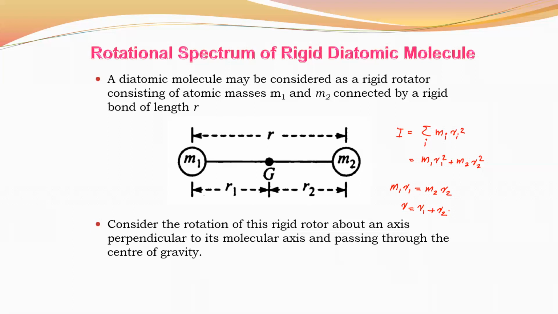First we take the moment of inertia, which we expressed as I is equal to m1 r1 square plus m2 r2 square, and using the principle of moments, m1 r1 is equal to m2 r2, and the bond length r is equal to r1 plus r2.